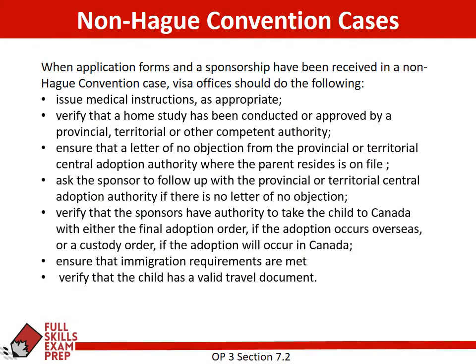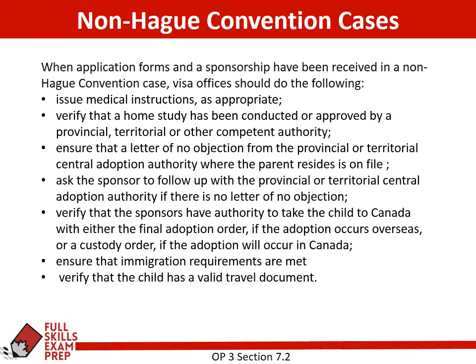Now, when there is an adoption from a non-Hague country, the procedures are slightly different. So you can see right away that there are those medical requirements, just like with almost every other immigration program. Okay, a home study. Now that just means that the provincial adoption authorities took a look at the person's home to see if he or she, or they, can have a child living there.